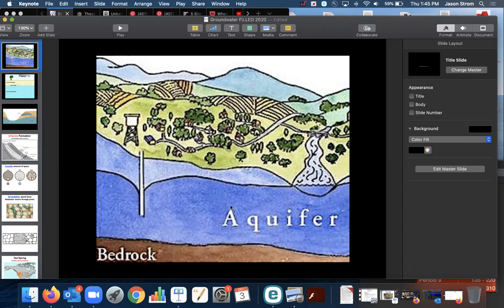Or kind of like if you put a sponge in water, the sponge is saturated, but it's not just open water. So with that being said, the aquifer is saturated material, saturated rock, saturated soil that's above the bedrock, because basically the bedrock seals the water above it. It doesn't let it infiltrate and penetrate the ground anymore.